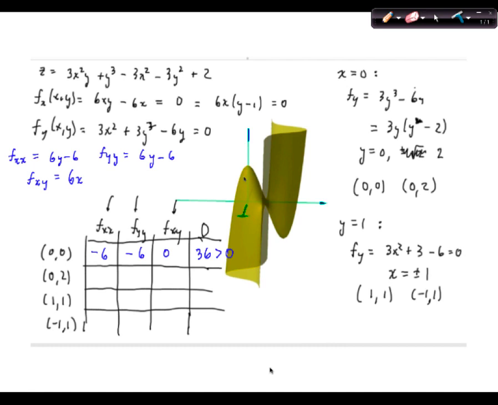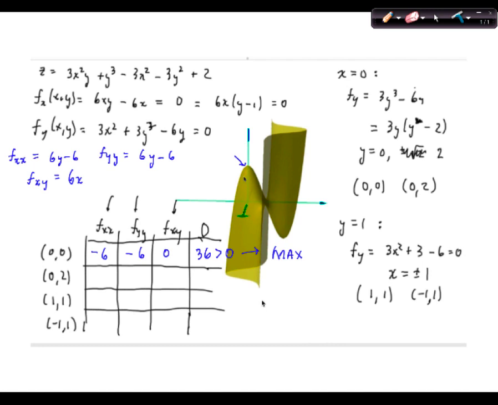Remember, if the rate is getting less positive or more negative, we're concave down, so we have to have a max. So when the discriminant is greater than 0, you also have to check the second derivative. That confirms the picture, because at x, y equals 0, 0, we have a max.